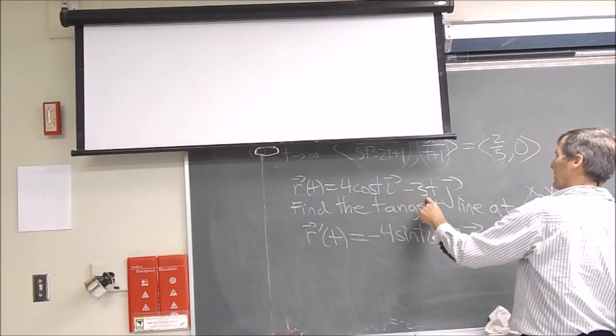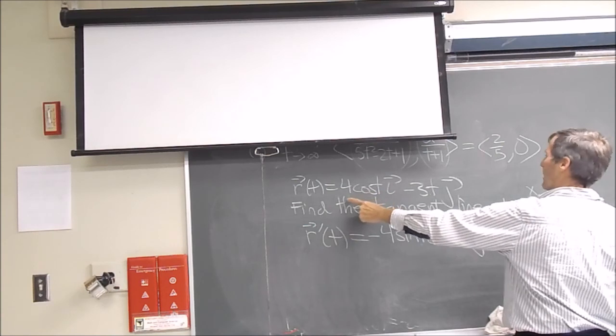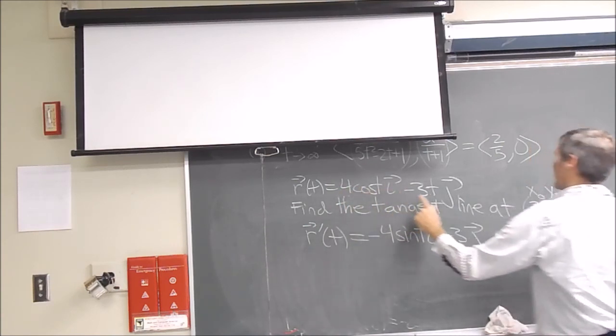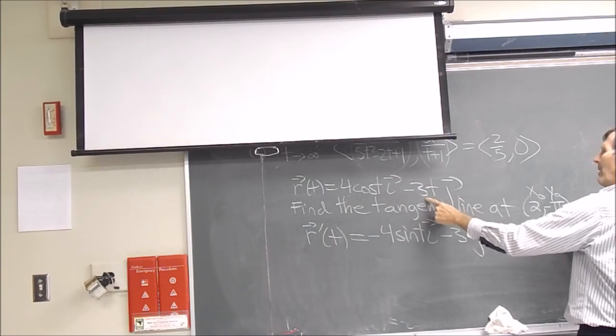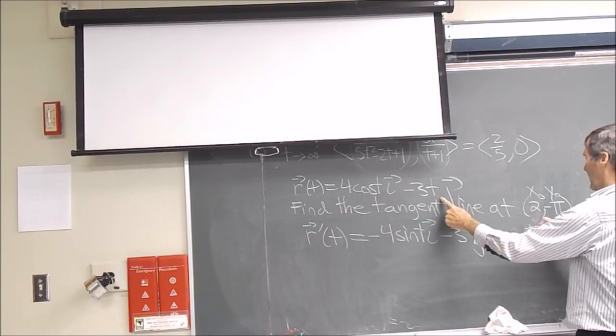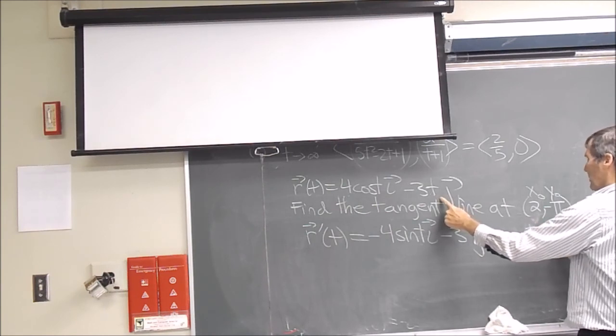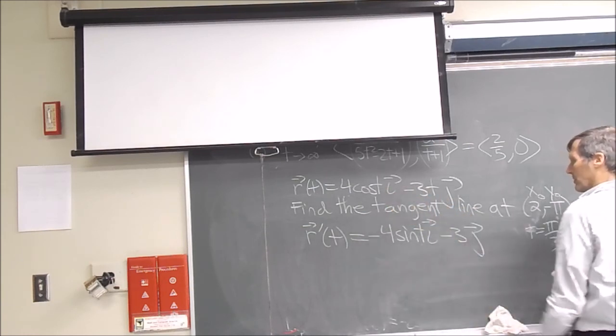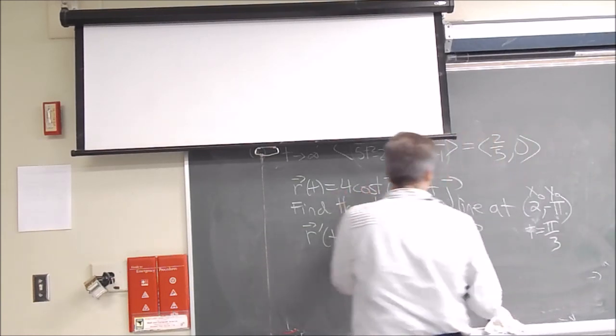We can figure it from either component, but maybe we better use both of them. Minus 3 times t has to be equal to minus pi, so t must be pi over 3. If this is really a point on the graph, then t has to be pi over 3 to match it. Then you can check this one will match also. Cosine of pi over 3 is a half, and we'll get 2 here.